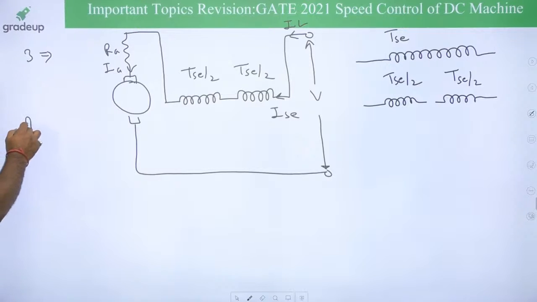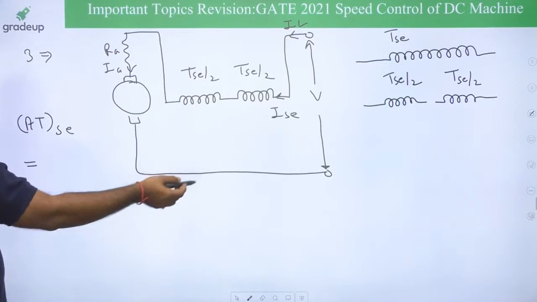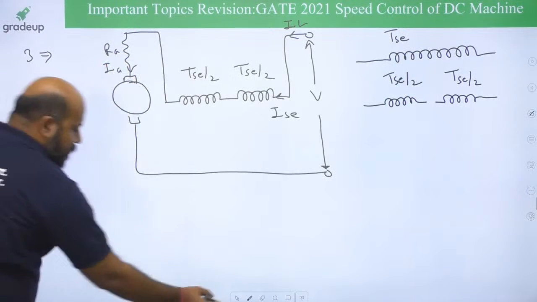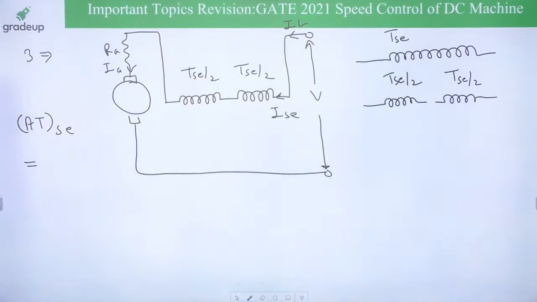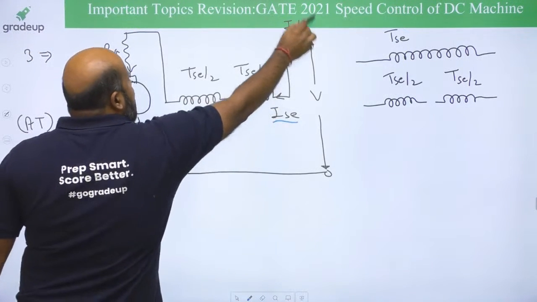Can you tell me what is the ampere turns of the series field winding? Ampere turn means current in each turn and number of turns. So what is the current? This is the same current as armature current, series field winding current, and the line current.